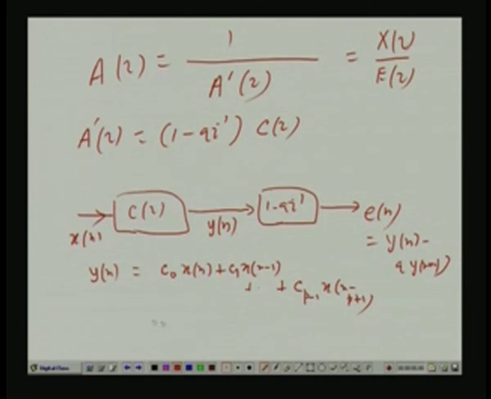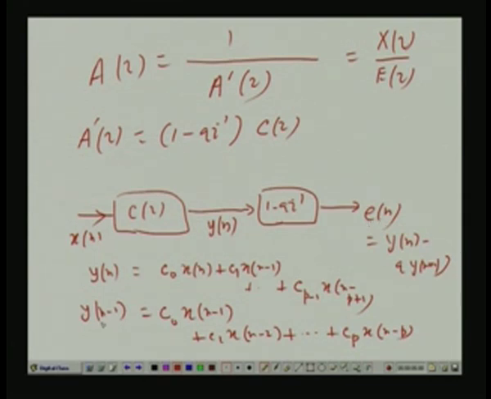So, what is y[n minus 1]? Instead of n, put n minus 1. Okay. So, you see y[n minus 1] consists of the past p samples of x[n], that is x[n minus 1] up to x[n minus p].